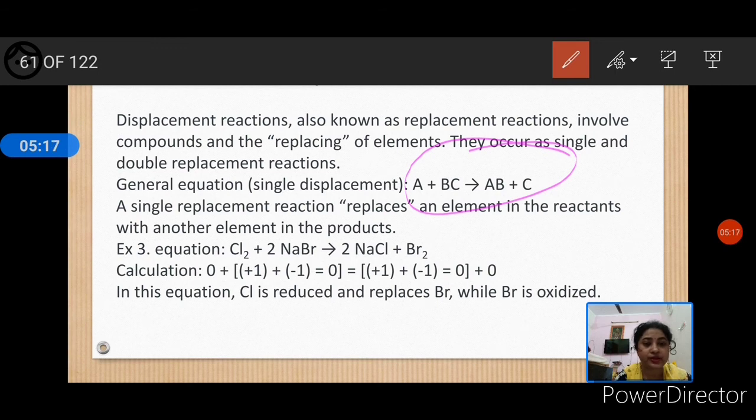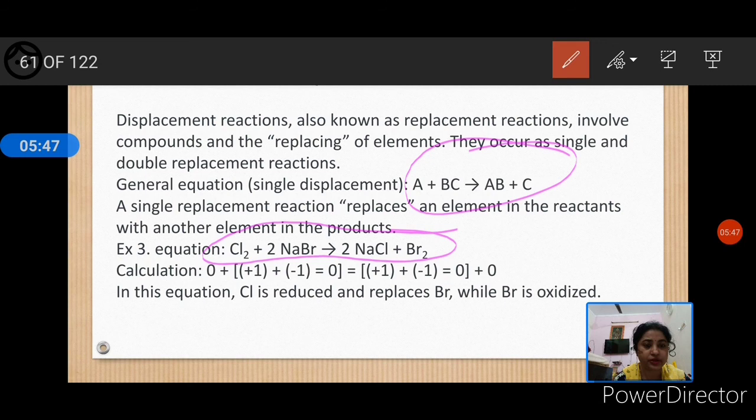The general equation is this: a single replacement reaction replaces an element in the reactants with another element in the product. Here one equation has been given. Note it in your copy and write its oxidation numbers. Cl2 plus 2NaBr gives out 2NaCl plus Br2. I hope you are good enough to write the oxidation state of all the elements present here.